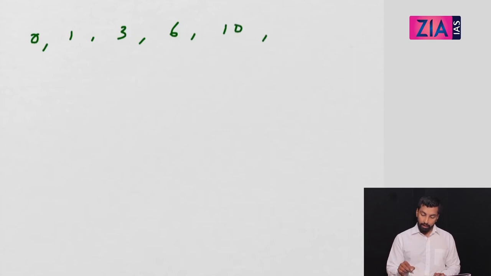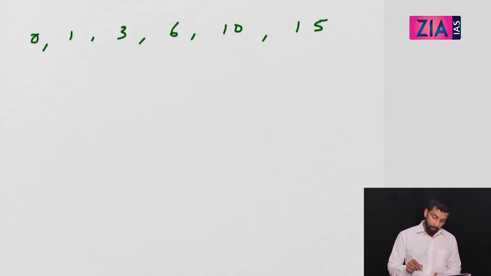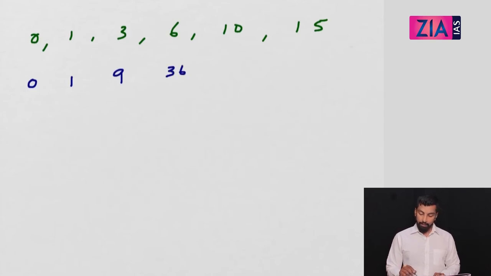Now another interesting pattern you can see in case of sigma n numbers. Let's take these numbers 0, 1, 3, 6, 10, 15, right? These are sigma n numbers, also called triangular numbers. Now let's square these numbers. 0 is nothing but 0, 1 is 1 itself, then 3 squared is 9, 6 squared is 36, 10 squared is 100, 15 squared is 225.